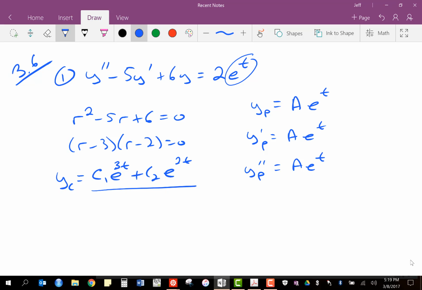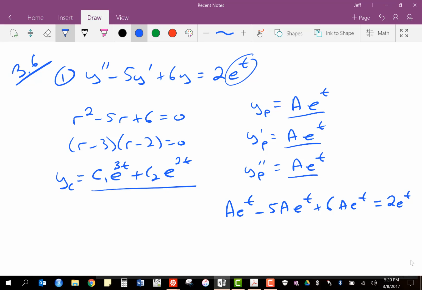And so then if I plugged it into the original equation, I have y double prime minus 5y prime plus 6y. I would have a e to the t minus 5 times a e to the t plus 6 times a e to the t, and I would need that to be equal to 2 e to the t.